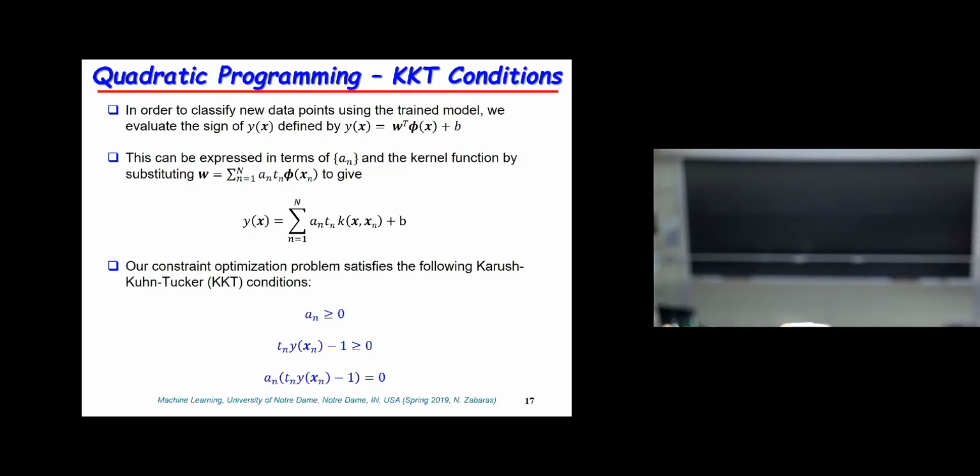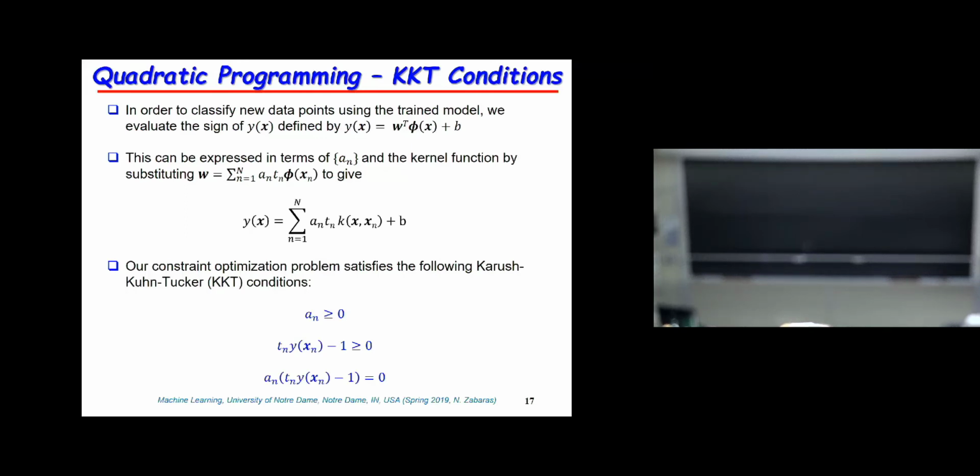So now, this is how I do predictions, and these are the constraints I have. Can you look at this slide and tell me why this problem introduces sparsity? Just look at these equations very carefully and see why, when you try to do predictions, you try to figure out if y of x is positive or negative.